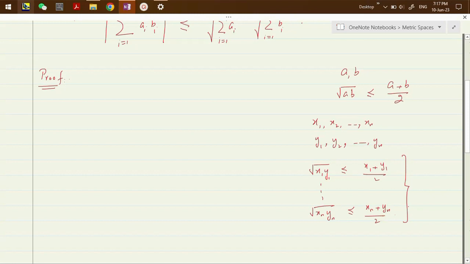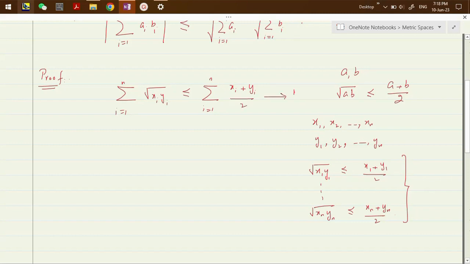When we add the left hand sides and right hand sides of these n inequalities, we get summation i from 1 to n root of xi yi, which is less than or equal to summation i from 1 to n (xi plus yi) over 2.